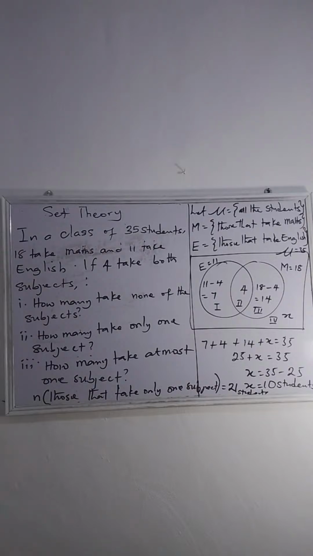Oh, good. I can see somebody with the correct answer. So let me just wait for others to give their answer. Okay, I can see 21 students.